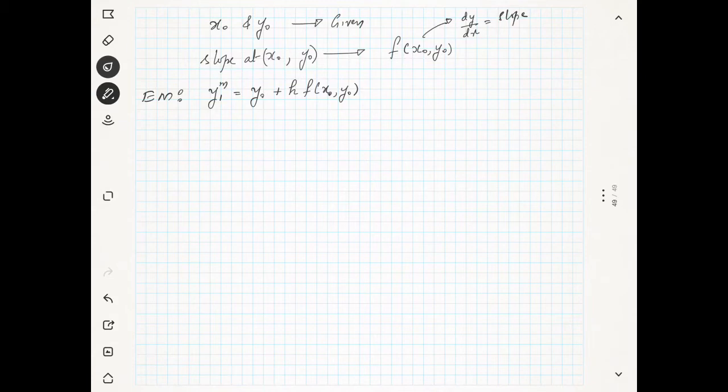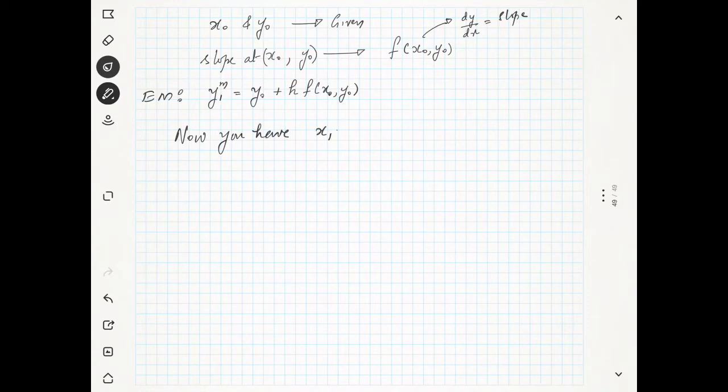Or you can say y1 of 0 or y1 of m, anything. Now you have x1.